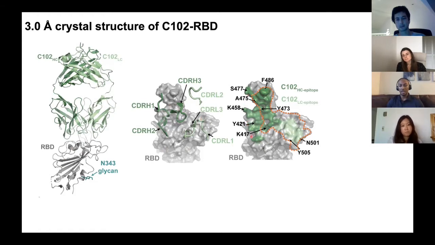The epitope now is shown here in green, and what I have outlined is the region of ACE2, the epitope that is targeted by ACE2 for entry into the cell. So what you can see from this antibody is that part of its neutralizing mechanism is to overlap with the ACE2 binding motif, shown again outlined here in orange, of the RBD.